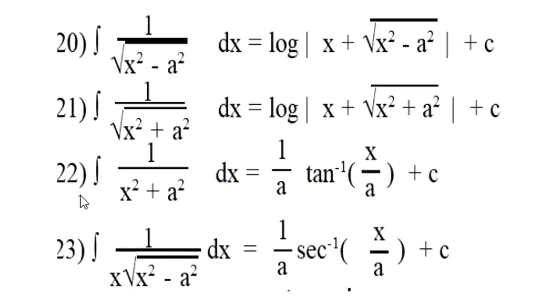Then 22nd: integral of 1 upon x square plus a square dx is equal to 1 by a into tan inverse of x by a plus c, or one may write minus 1 by a into cot inverse of x by a plus c.